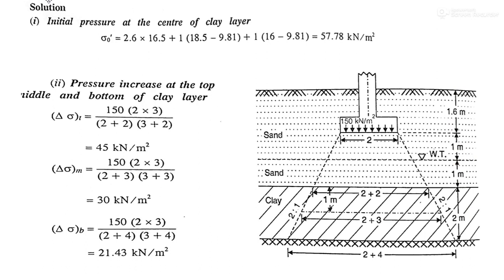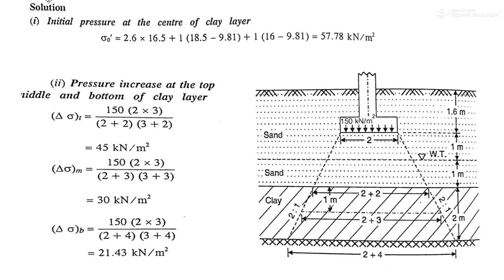Here 1 is the height, and 18.5 is the saturated unit weight. So saturated unit weight minus 9.81, the unit weight of water, in kilonewton per meter cube.